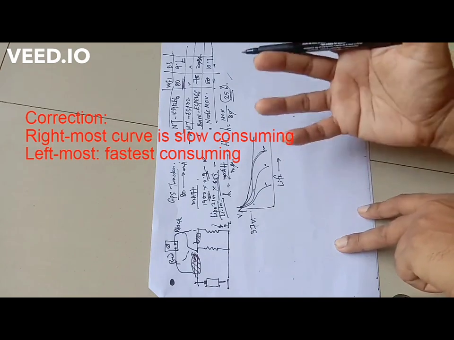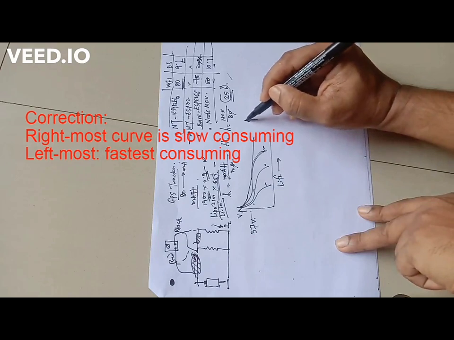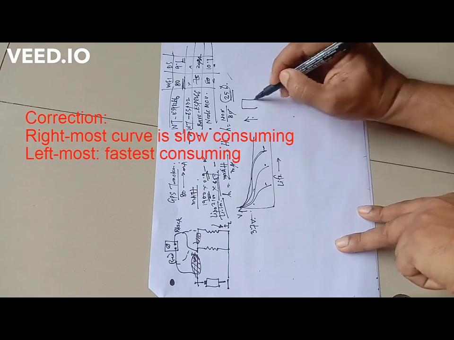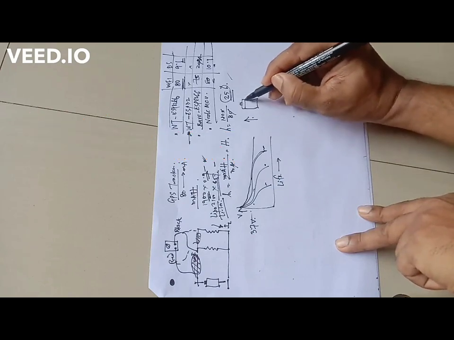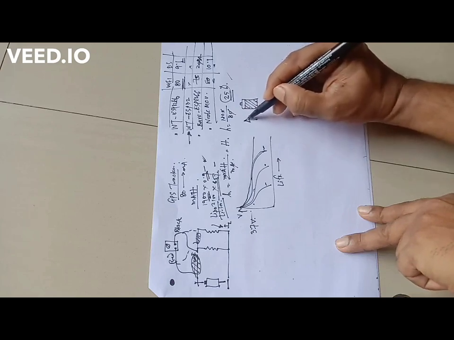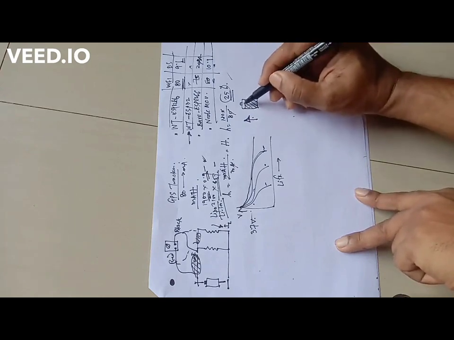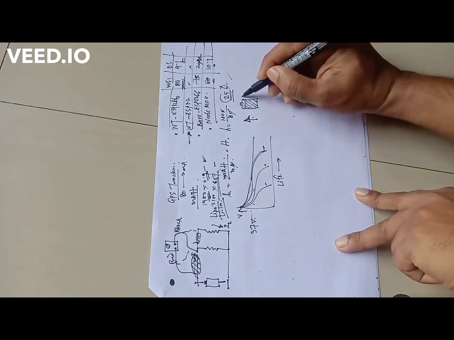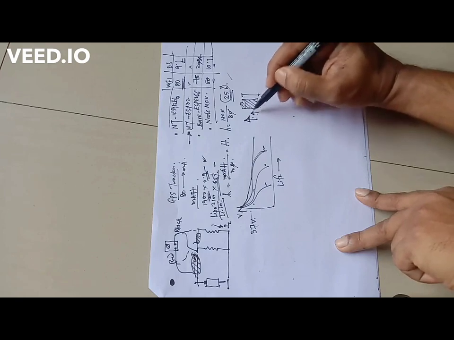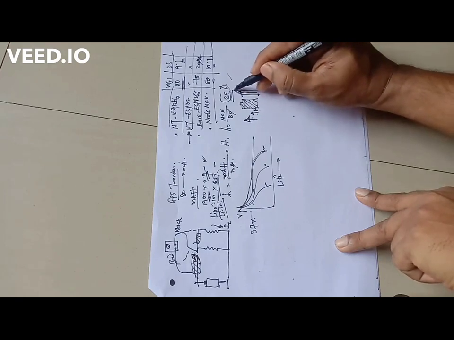So the theory is like this: if your consumption rate is high, if the battery has this much capacity and you are consuming very fast, then you cannot consume the whole capacity of your battery. But if you consume at a slower rate, more and more you can eat up of the battery.